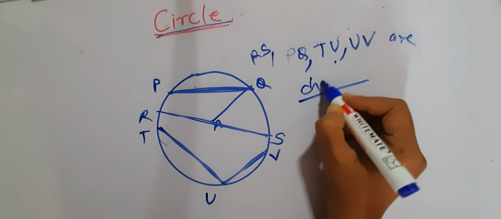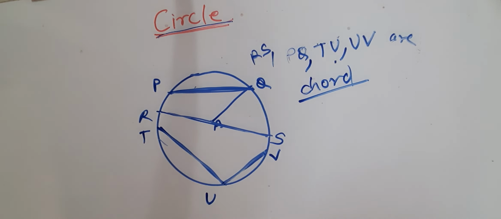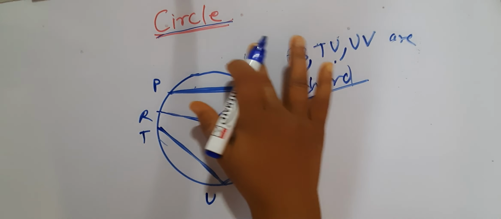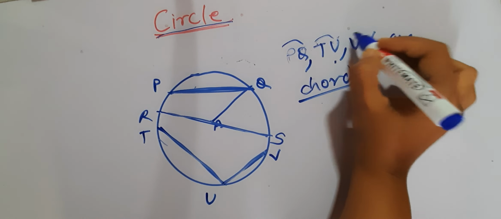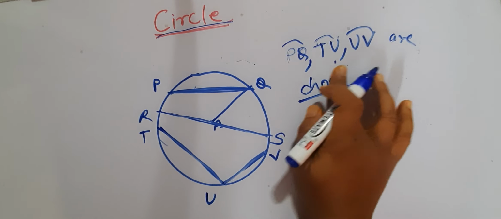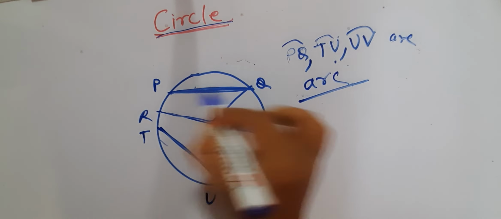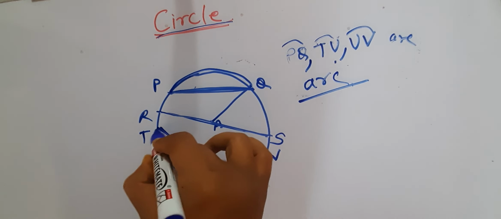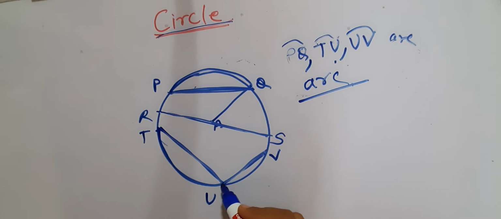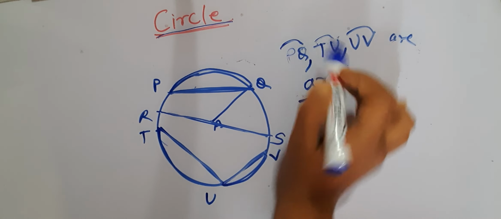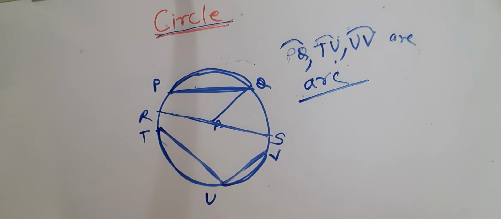So these are all chords of the circle, right? If they had given us curved lines like this, then we would say these are arcs of the circle. So PQ, TU, UV, with the curved signs, are arcs of the circle.